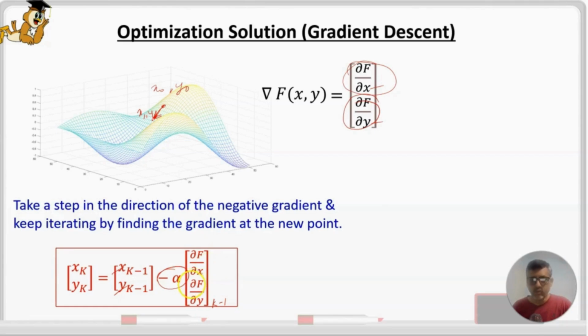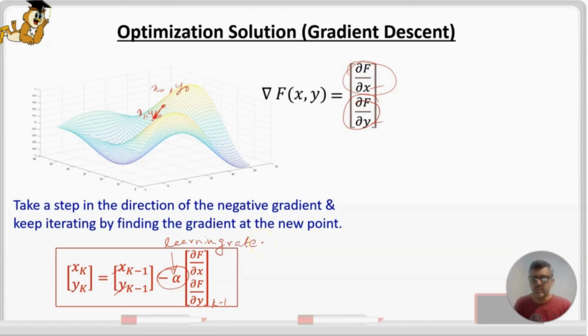Of course, you ask the question, what do I mean by a small step size? What exactly is a small step size? That is related really to the value of this alpha. This parameter alpha goes by several names. It's called the step size, as we called it earlier. It's also called the learning rate.